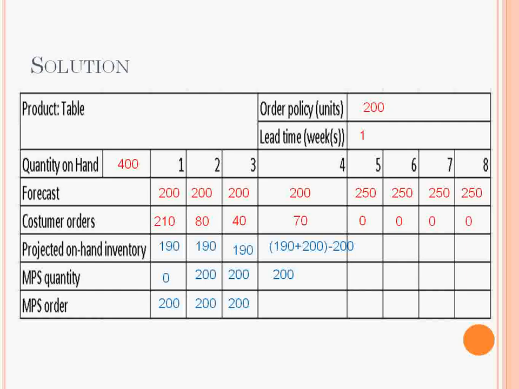But things change a little bit as demand grows to 250 for the 5th week. We have 190 at the end of this week, and if we order one series, we will have 390 again. That must be far enough, so we shall order just one series in this period as well.